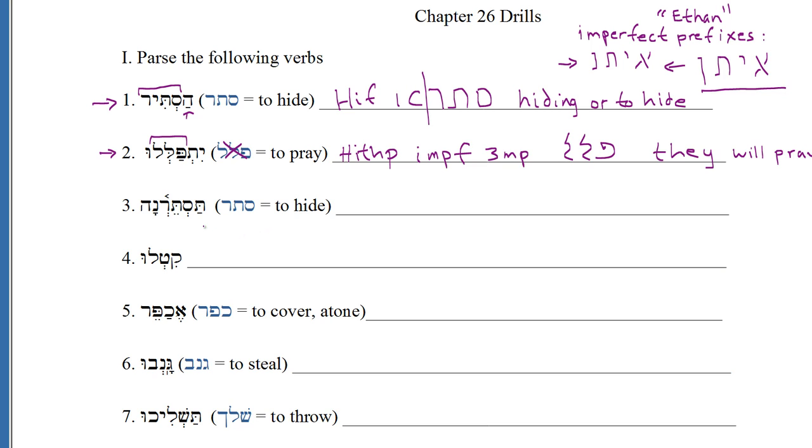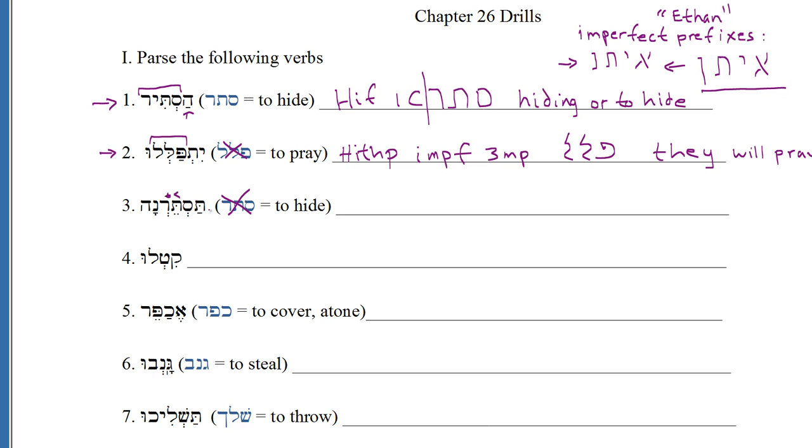Okay, let's look at number three. We've got tasterna. Okay, that's actually a typing error. The accent should be there on tasterna. I believe it's correct in your drills. So tasterna, we have again satar, but we'll again try to pretend that that's not there as we try to analyze this.